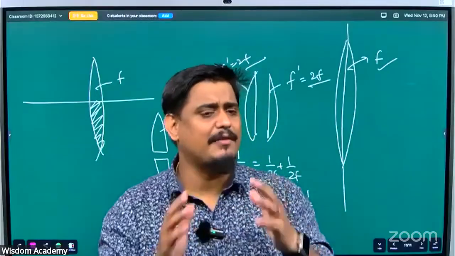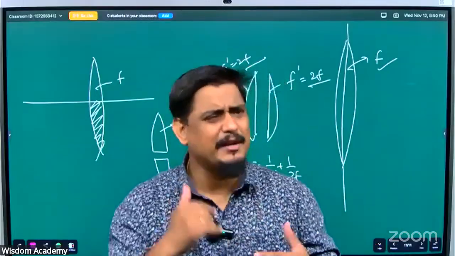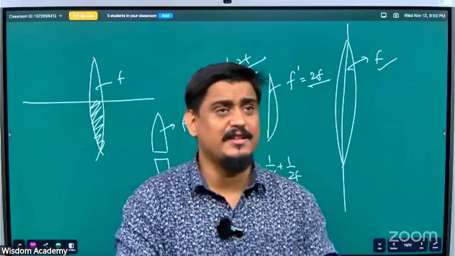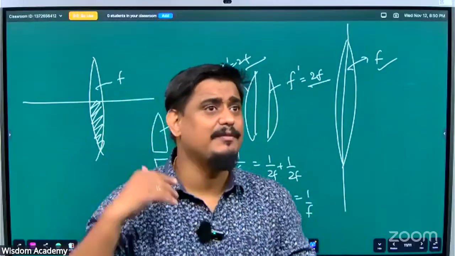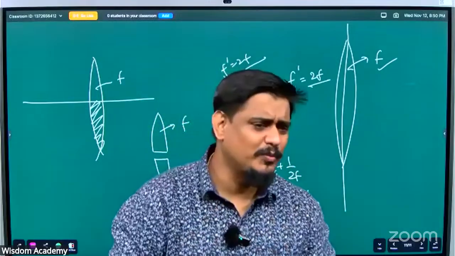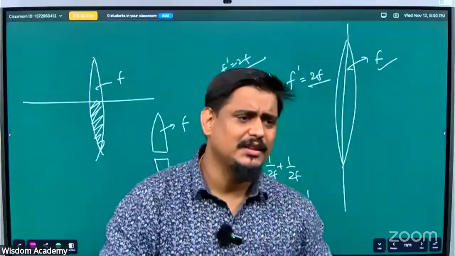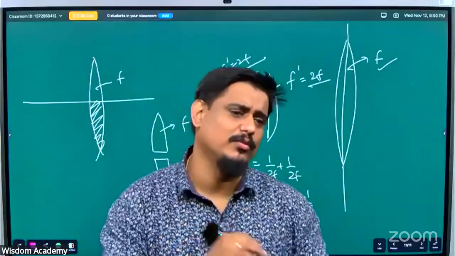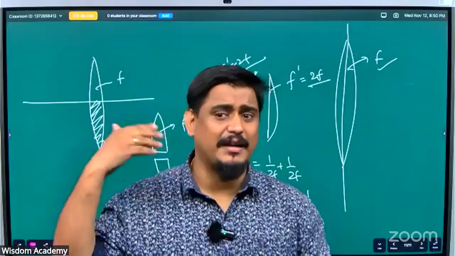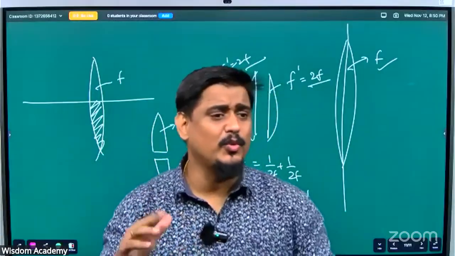So the angular magnification of a simple microscope under normal adjustment is d by fe. Under maximum magnification, it is d by fe plus 1. Same way for a compound microscope, under normal adjustment, magnifying power is L by FO. Under maximum magnification, it is L by FO into 1 plus d by fe.